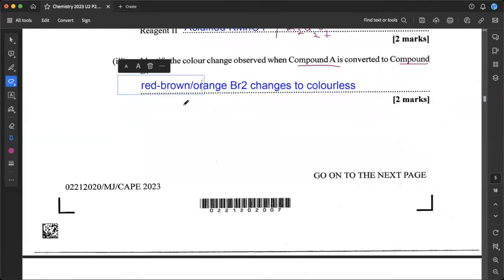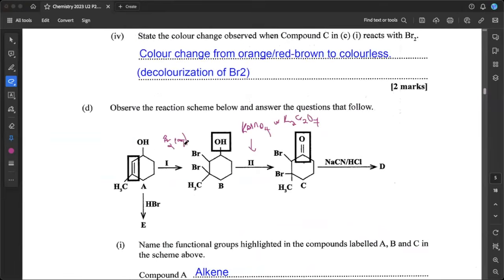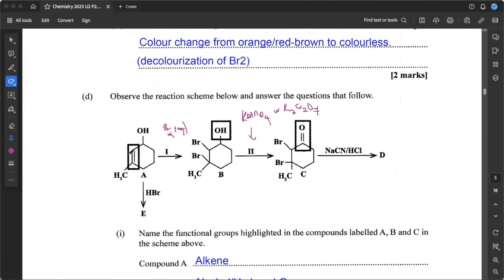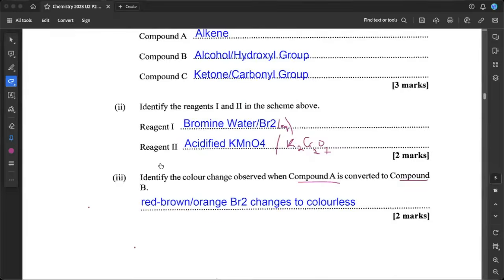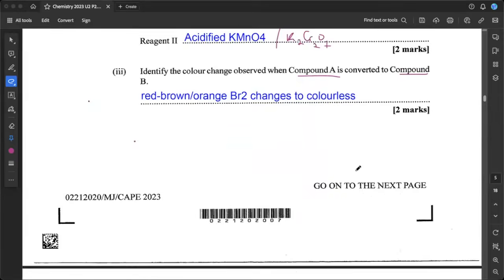So again, of course, we're going to have that decolorization of this bromine solution, right? The color is going to go from orange or reddish brown to colorless because we're adding it to a double bond, right? So red-brown or orange Br2 is going to change to colorless. So that's our answer for here.